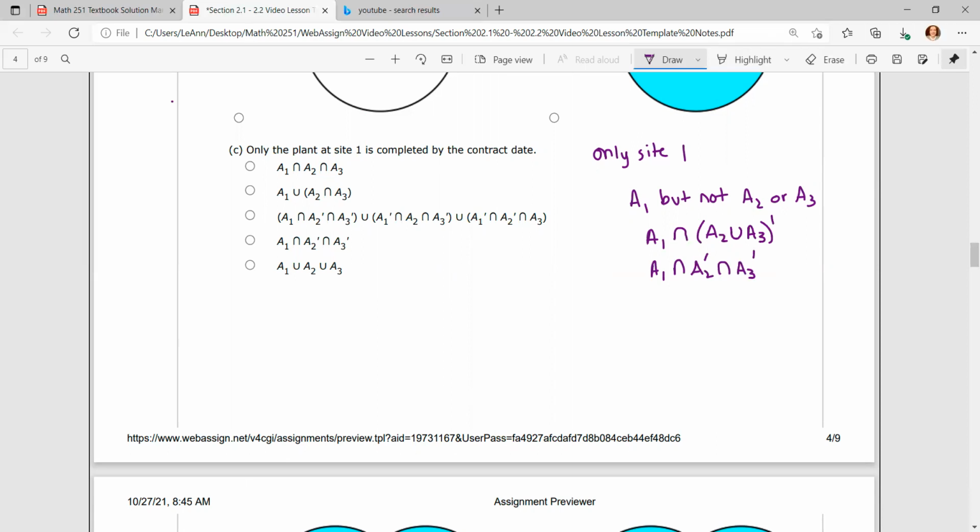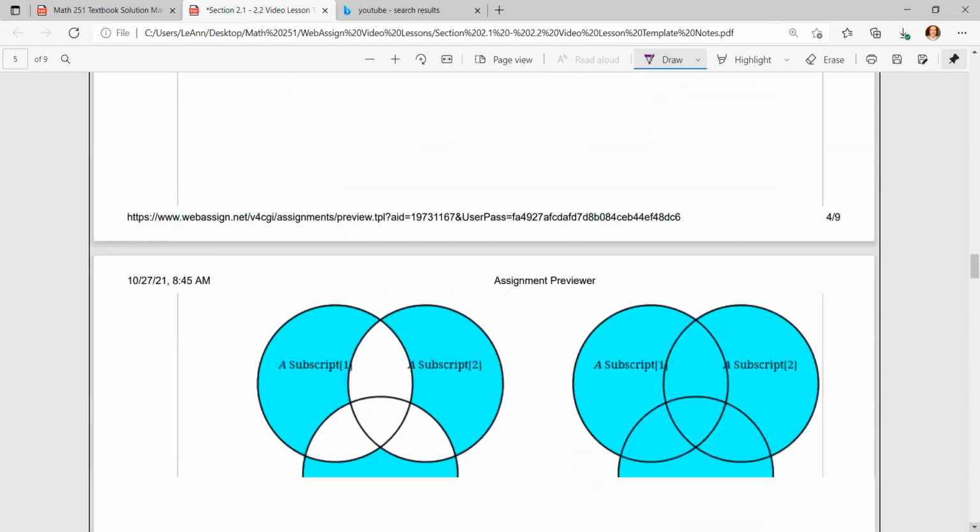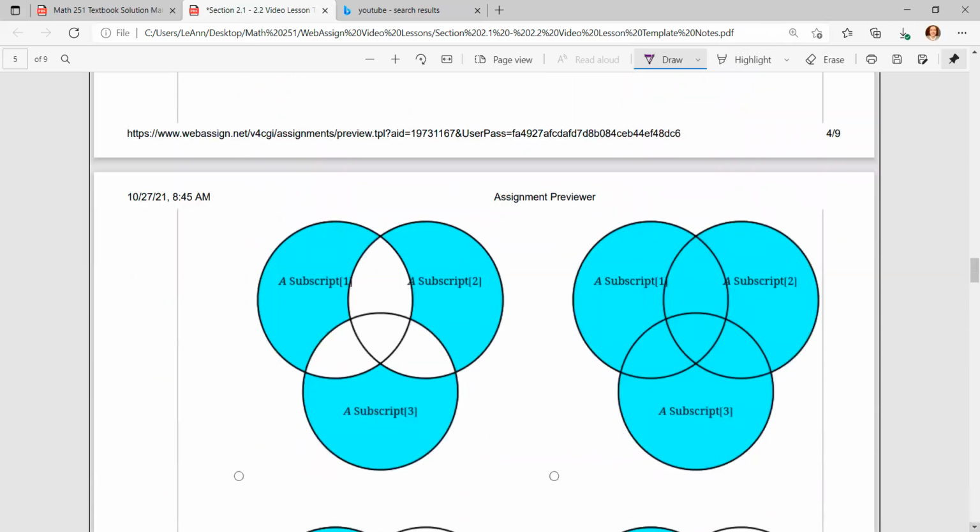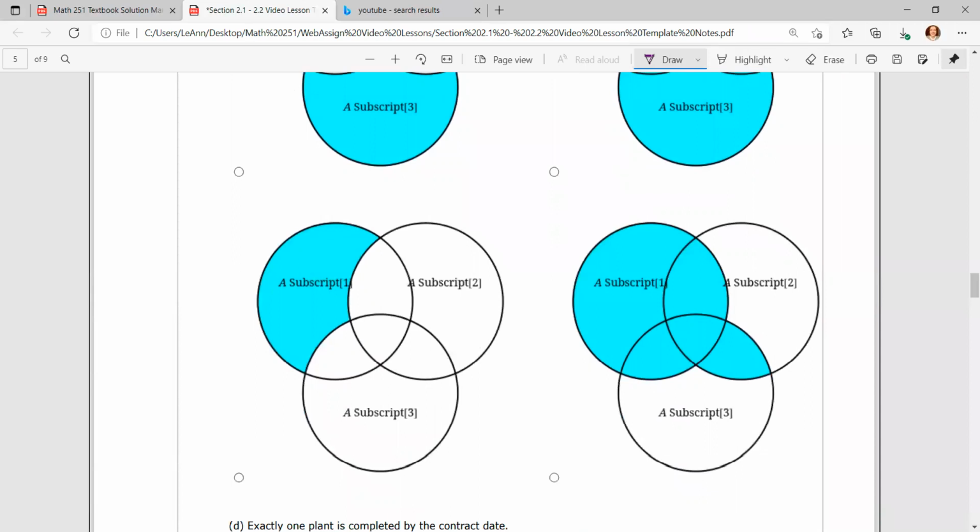So that choice ends up being right here: A1 intersect with not A2 intersected with not A3. Now we have to be careful with this one because we're looking for A1 only, which means we can't have anything else shaded that lives in any of the other circles. This is the only portion of A1 that's not overlapping with the other 2 circles. So it's this choice.